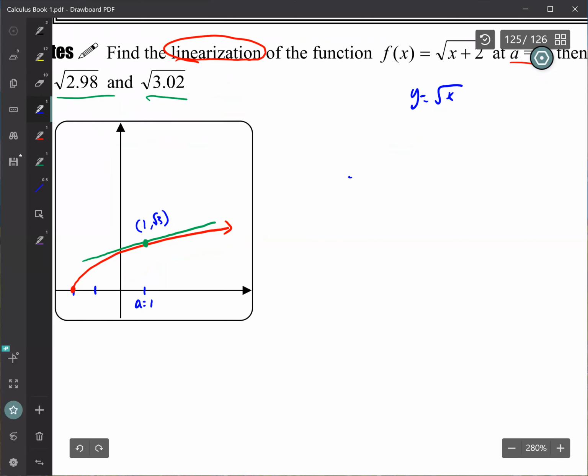How many of you don't know how to find the equation of tangent? Can you raise your hand? Only raise your hand if you don't know how to find the equation of tangent. I kind of half remember, but I also don't remember.